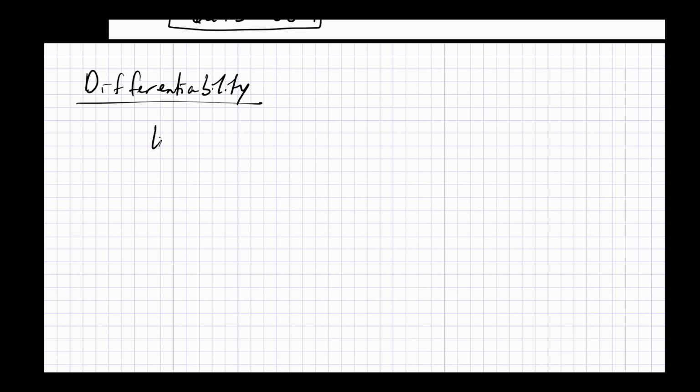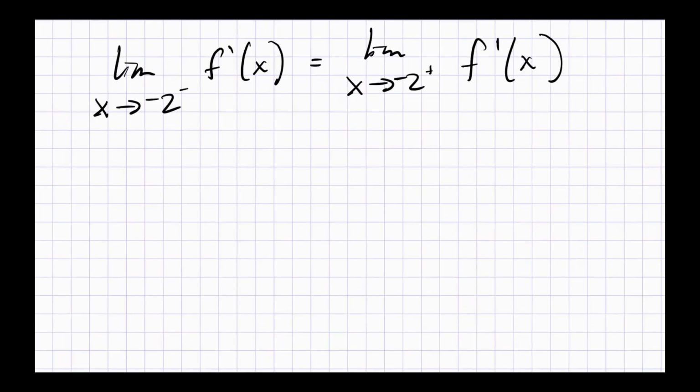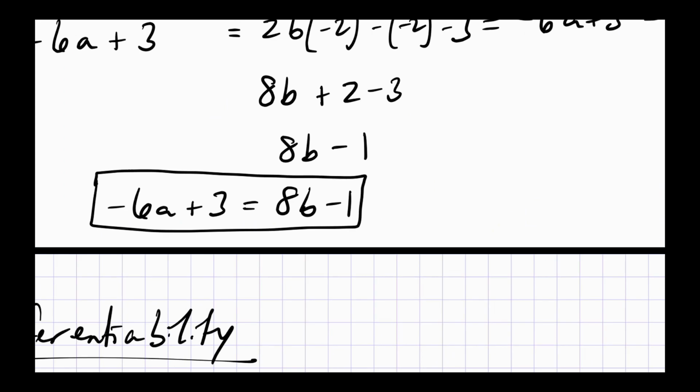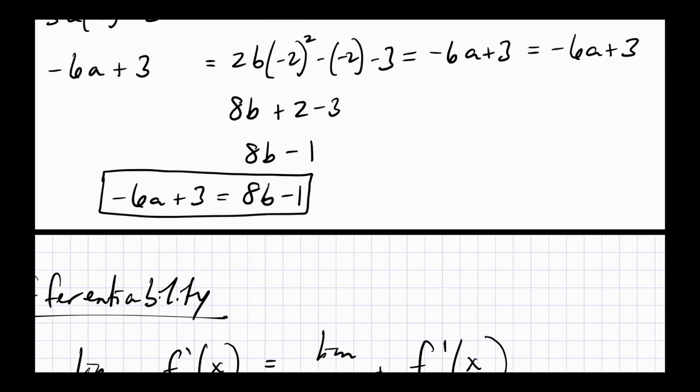The limit as x approaches -2 from the left of the derivative of f of x is equal to the limit as x approaches -2 from the right of the derivative of f of x. That's what I'm stating I'm doing. A lot of you do the work and don't show me that. This right here is your justification. Without it, you don't get credit for justification. A lot of you will show just the work on a test.